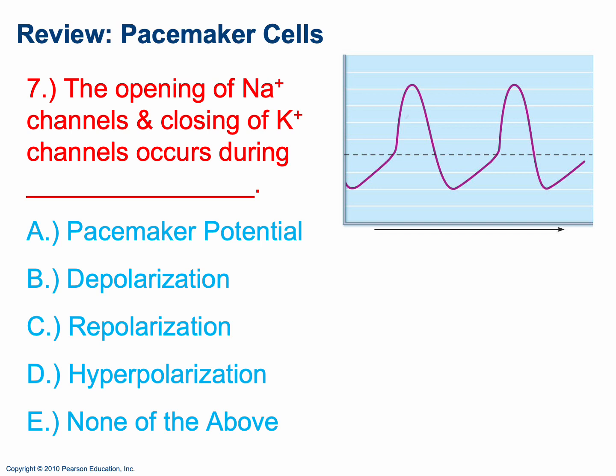And we have number 7 for review. This is looking at the action potential of the pacemaker cells. So here we're looking at that graph. The opening of the sodium channels and the closing of the potassium channels occurs during which stage?